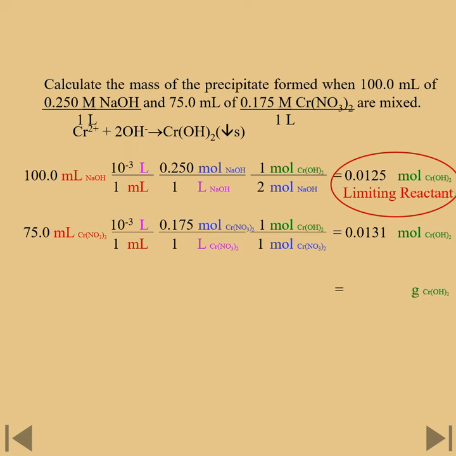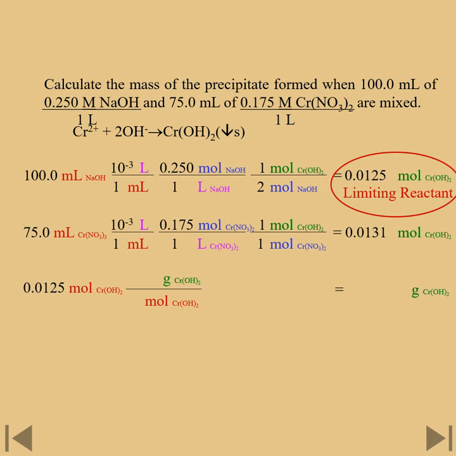Okay, now to get the actual mass, we're using our units again, after grams of chromium(II) hydroxide. Then start with the just determined moles of chromium(II) hydroxide, and then from moles of chromium(II) hydroxide to grams of chromium(II) hydroxide.